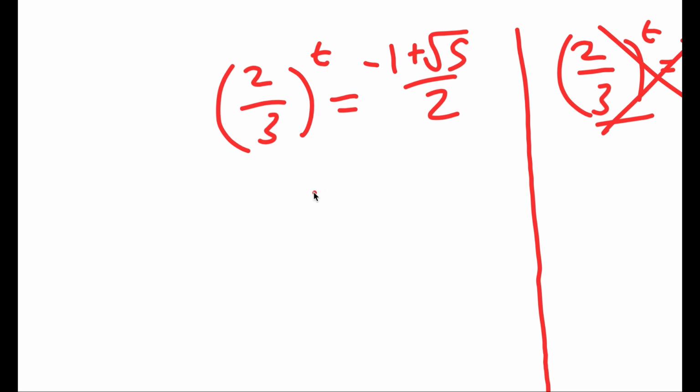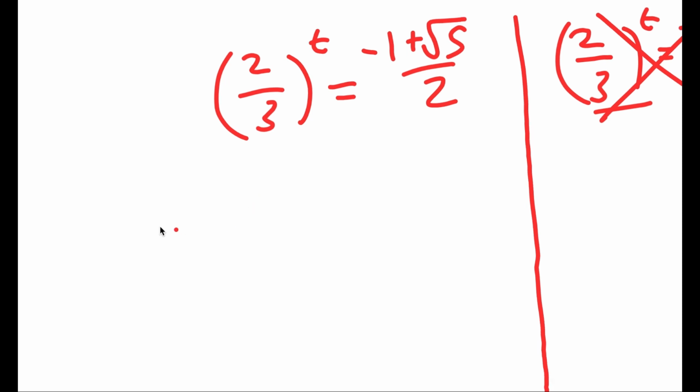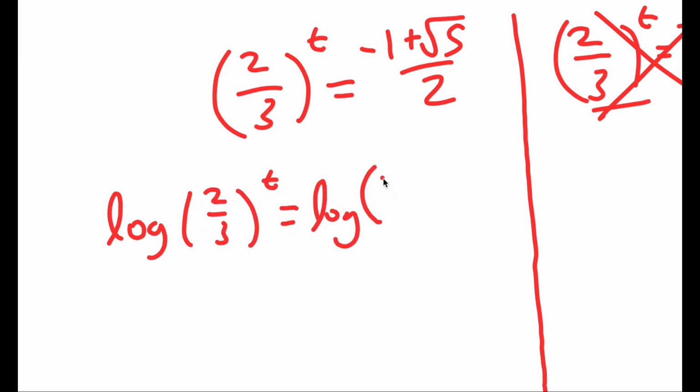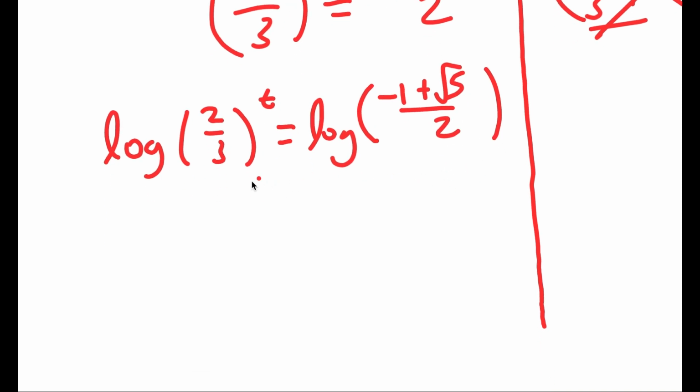So now to solve this, what I'm going to do is use logarithms. So I'm going to take the log on both sides. So I get log 2 over 3 to the power of t is equal to log of negative 1 plus the square root of 5 over 2. And if I have something in the form log a to the power of b, this is equal to b times log a.